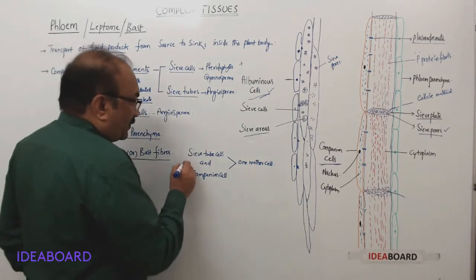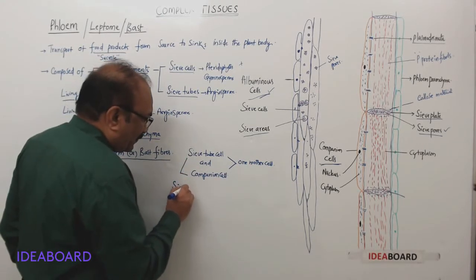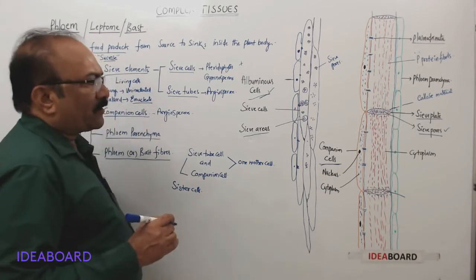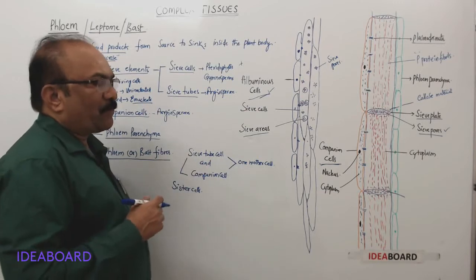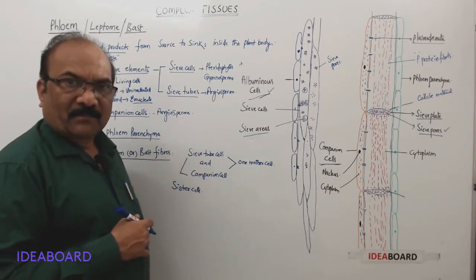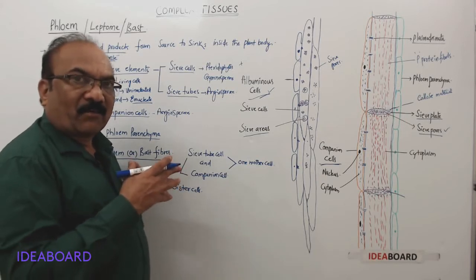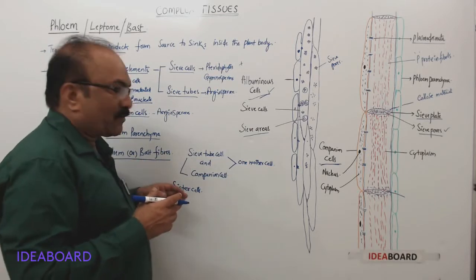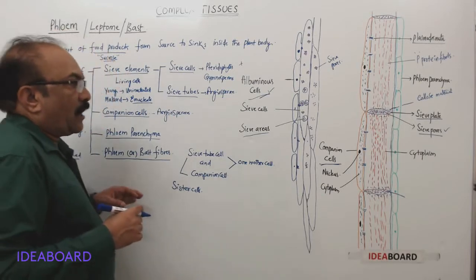So that's why these two are called sister cells. And you know what will happen to the sieve tube cell when the companion cell dies? Even the sieve tube cell will die. So that's how they are related, and that's why they are called sister cells.